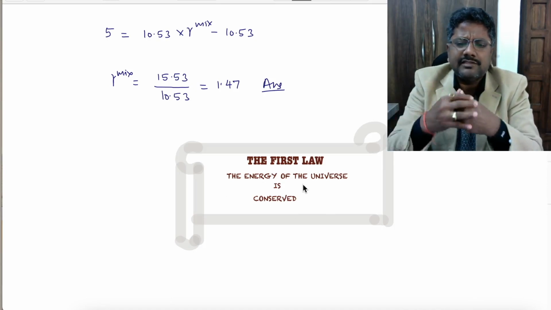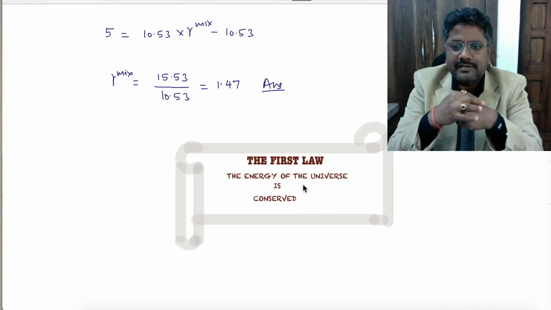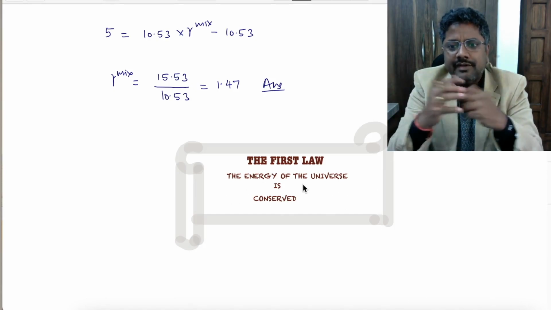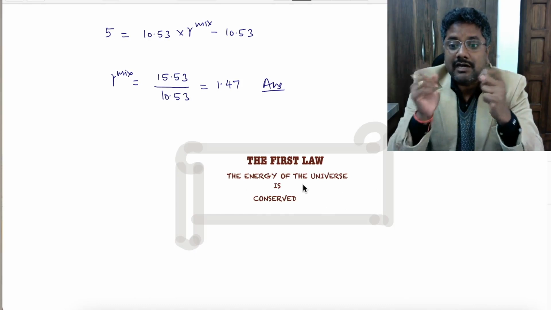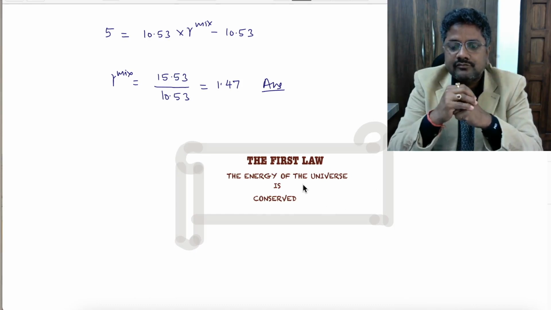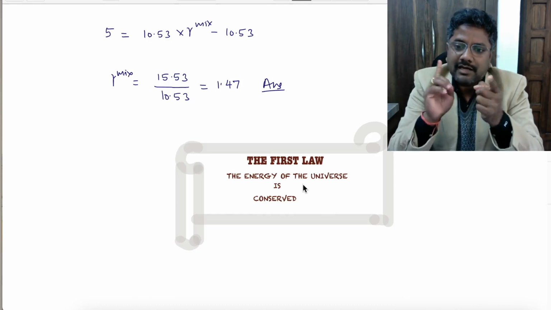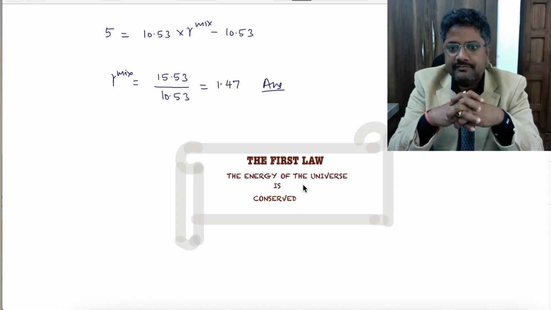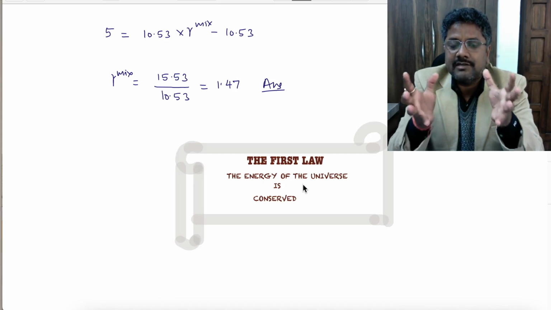Many people casually say the first law is the law of energy conservation, but is energy conserved in every type of system? The answer is no. Only when you take an isolated system is the energy conserved, and the universe is the best example of an isolated system.